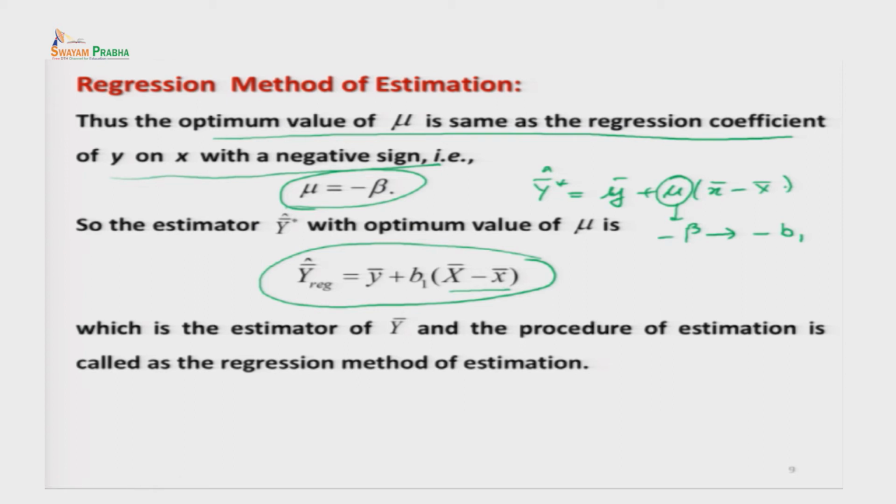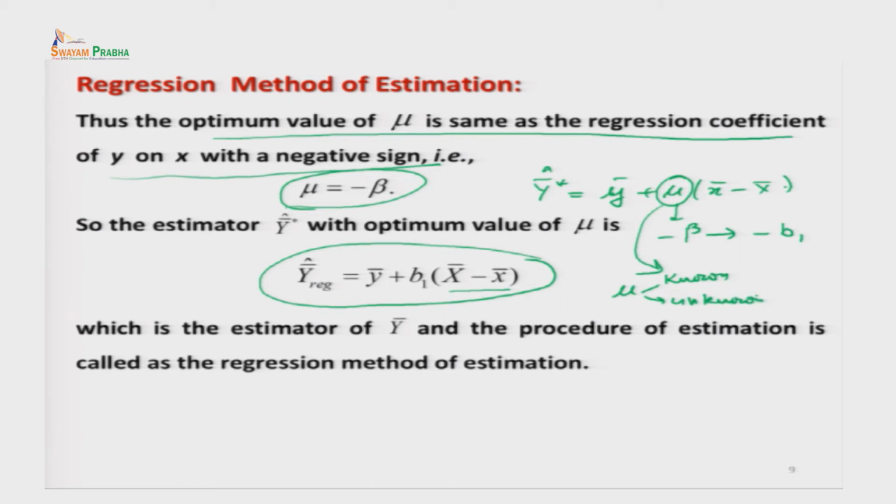Now, when you replace the value of mu, at least theoretically you have two options. You can assume that mu is known or mu is unknown.